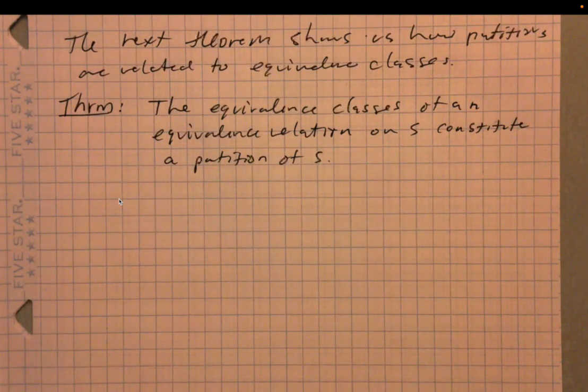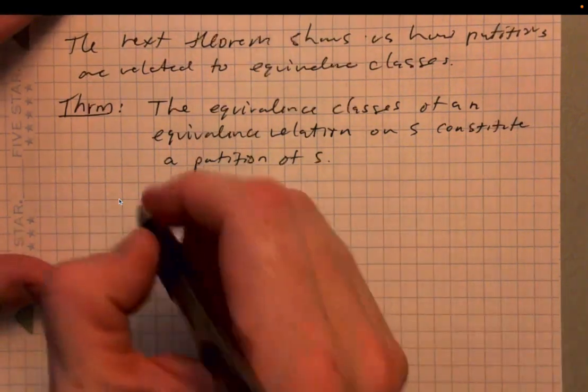Right. So the equivalence classes of some equivalence relation are going to partition the set on which the equivalence relation is defined. Okay, so that's one part of the theorem.